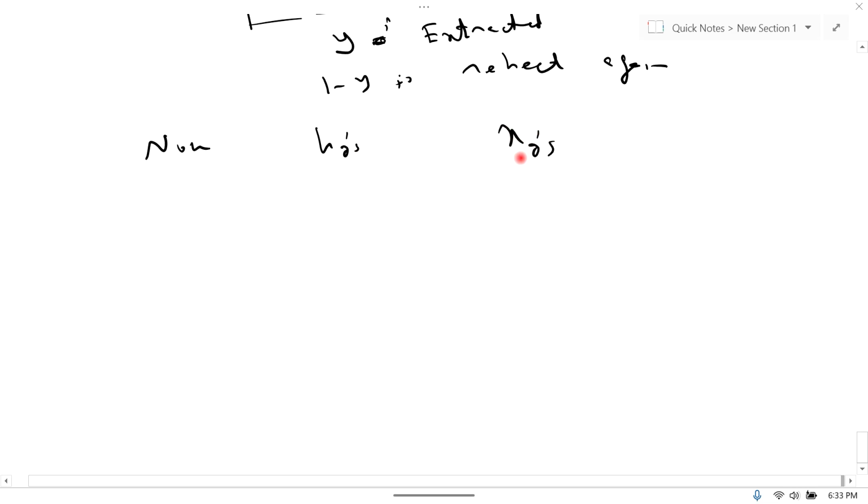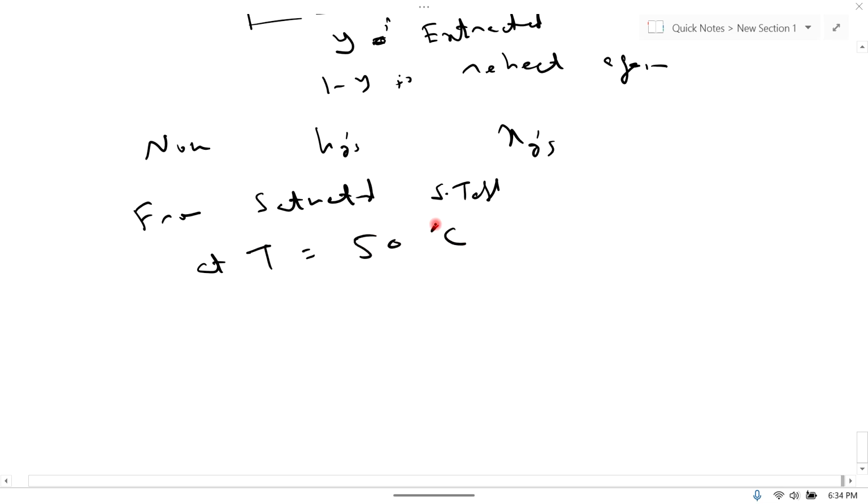This is in the wet region, so from the saturated steam table, at temperature equal to 50 degrees centigrade, this is the condenser pressure, the condensing temperature.